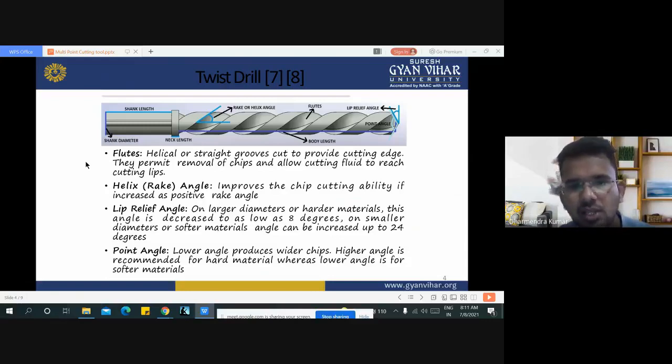Higher angle is recommended for hard material, whereas lower angle is for softer material. Like relief angle, in point angle also, if we use a softer material, then a lower angle is necessary, and if we use harder material, then a higher angle is necessary as the point angle in a twist drill.